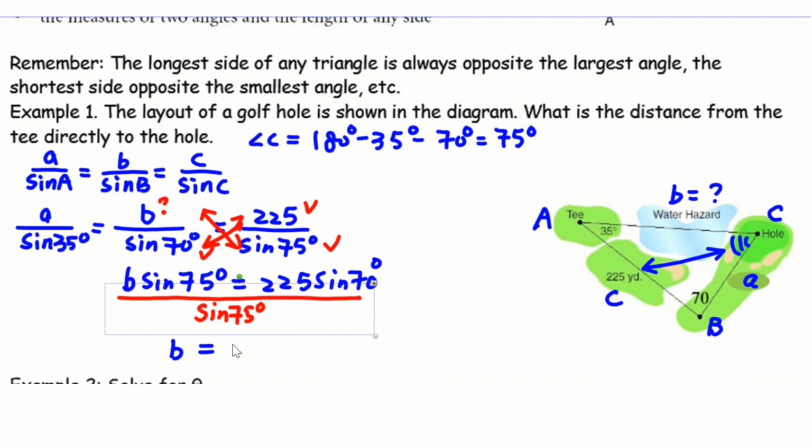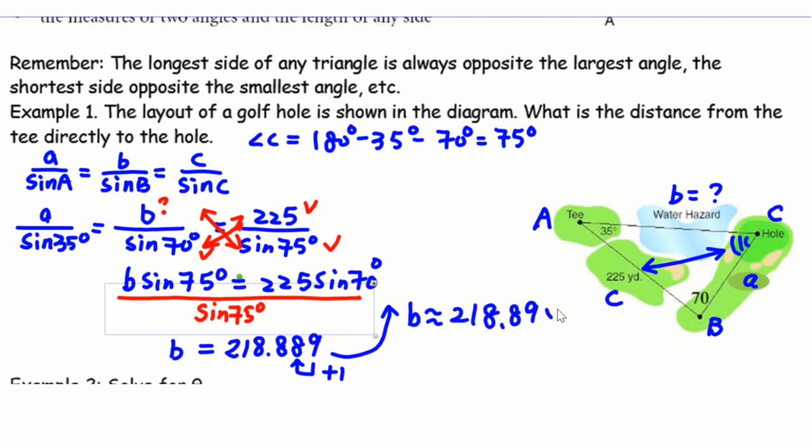You will have 218.889. Then if we want to keep two decimal places, the 9 is greater than 5, so we are going to add 1 to the second digit after the decimal. So b is approximately 218.89 yards. Then this is done.